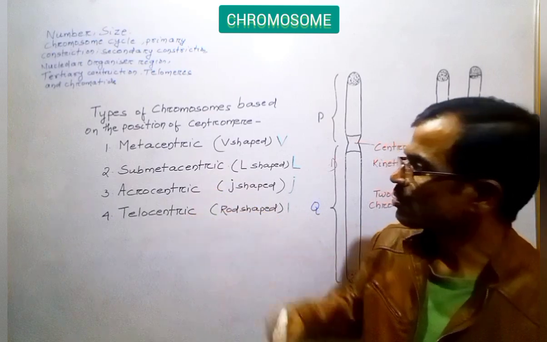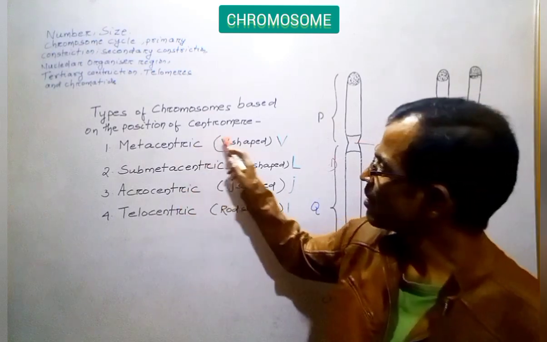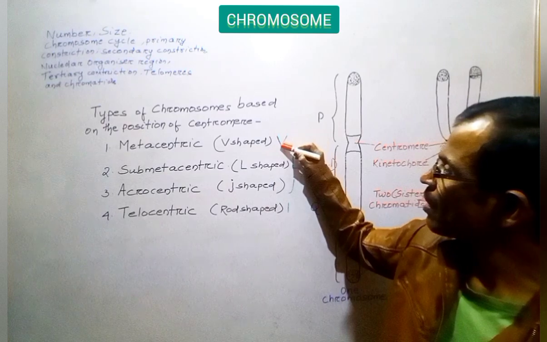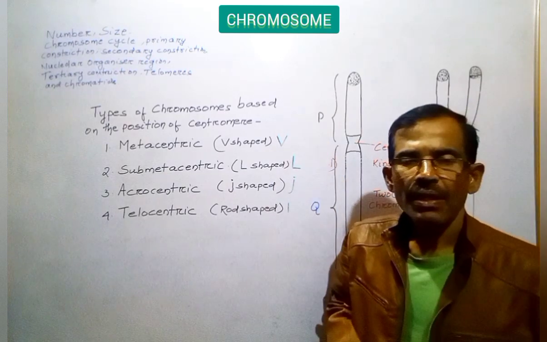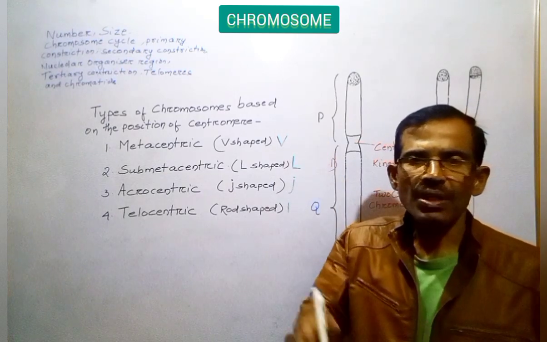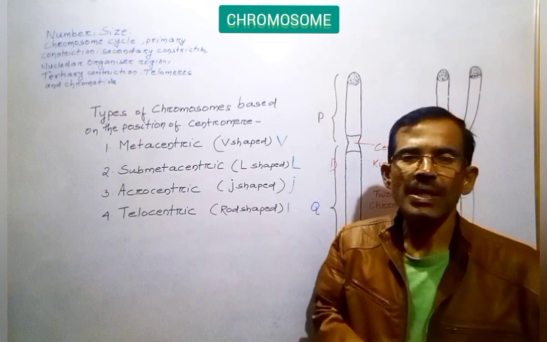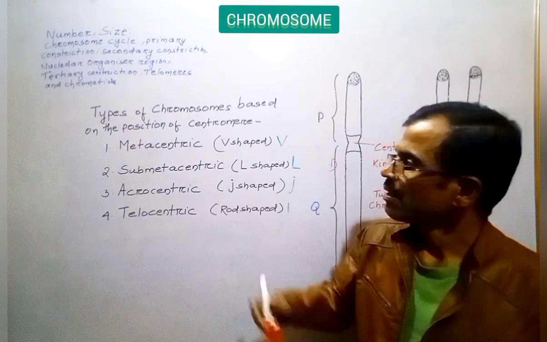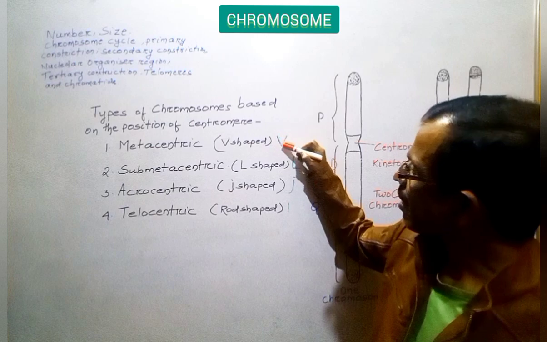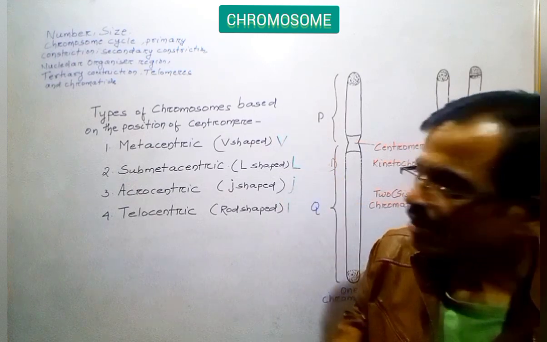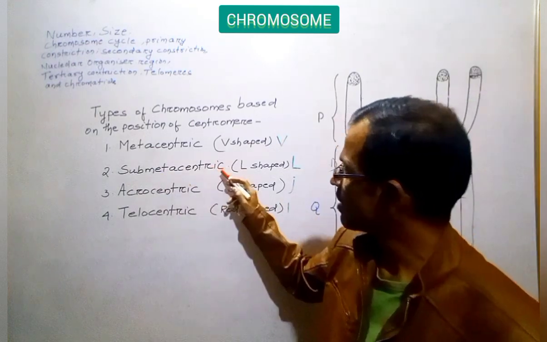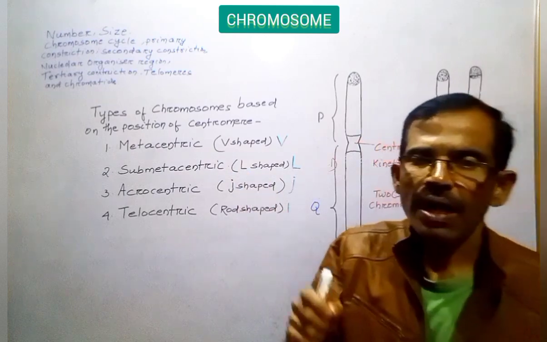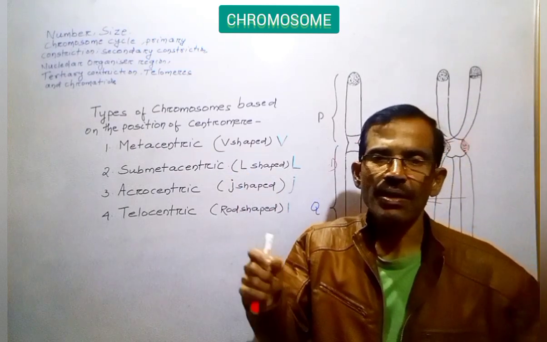acrocentric and telocentric. In metacentric chromosome, the centromere is median, as a result of which both the arms have approximately equal length. Such type of chromosomes are V-shaped. Second type is submetacentric, in which one arm is shorter than the other arm.